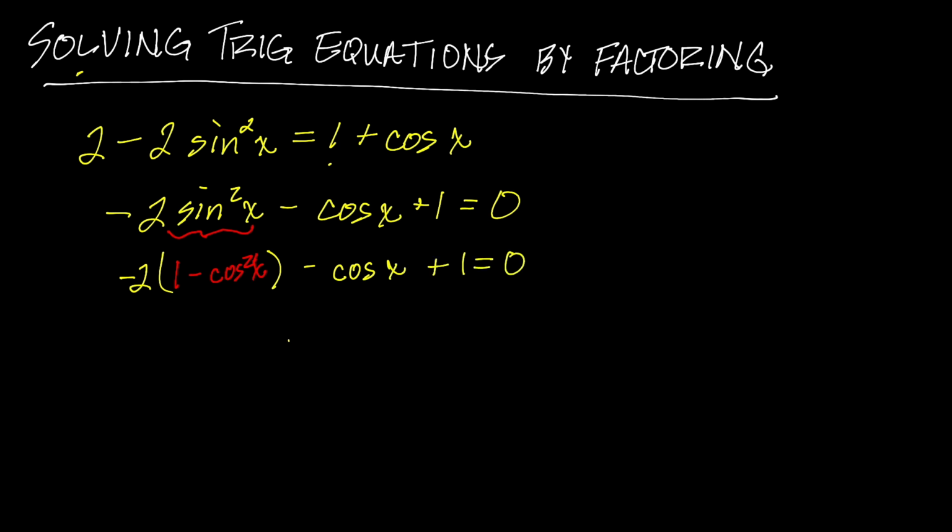So let's distribute this negative 2. So negative 2 times 1 is negative 2, and negative 2 times negative cosine squared x is 2 cosine squared x. We have to be careful with our signs here, because one small mistake with those signs can send us reeling.